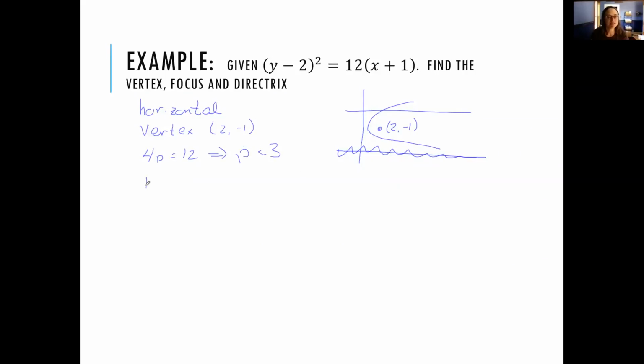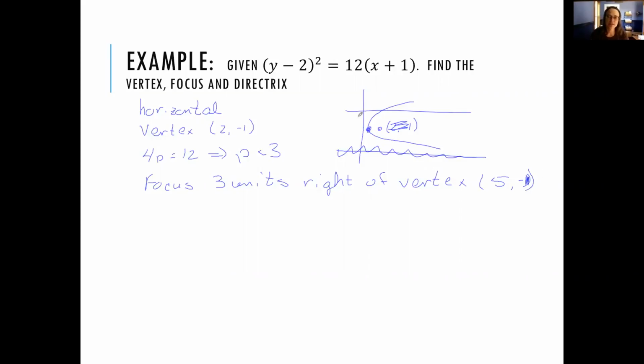What that means is that the focus lies 3 units to the right of the vertex. So that's going to be at the point 5, negative 1. Yes, the y-coordinate is unchanged.